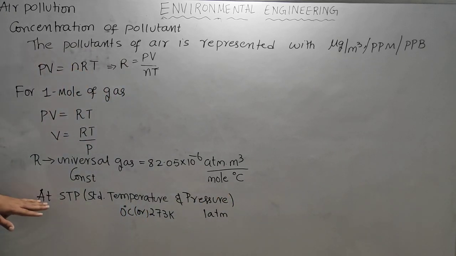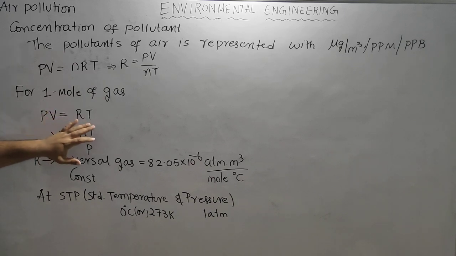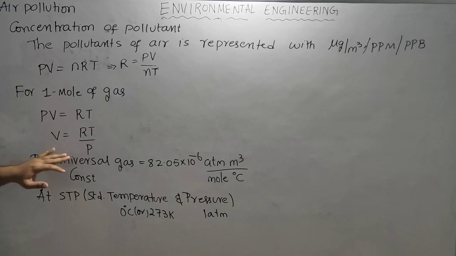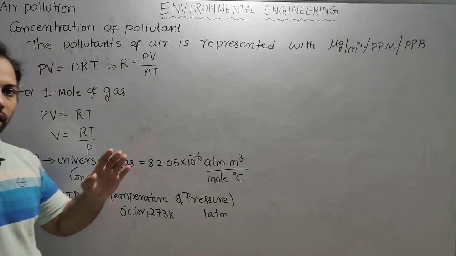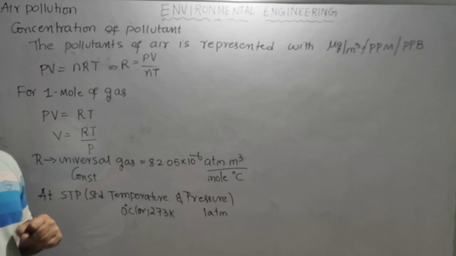If I give the standard temperature and pressure, and R is constant, now STP is also constant. So for any gas, volume is independent of its gas property. We don't need the density of the gas, or the type of gas present in the air.